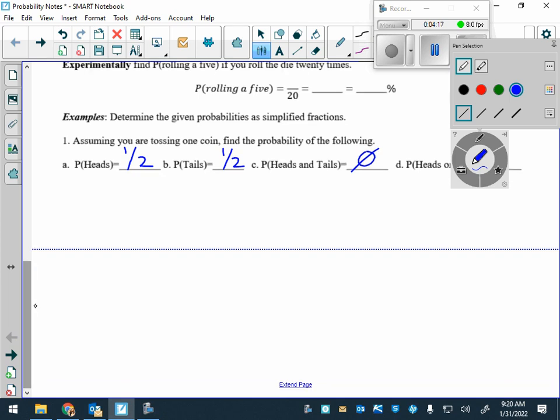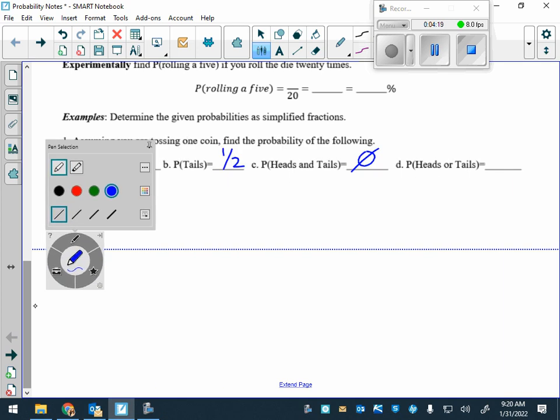Okay, how about probability of heads or tails? Yep. 2/2. Good. Excellent. Just certain. 2 out of 2. Excellent. Yeah, David. You could write 1 because that's simplified there.